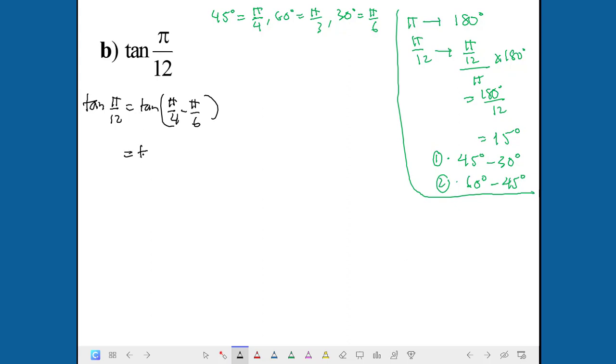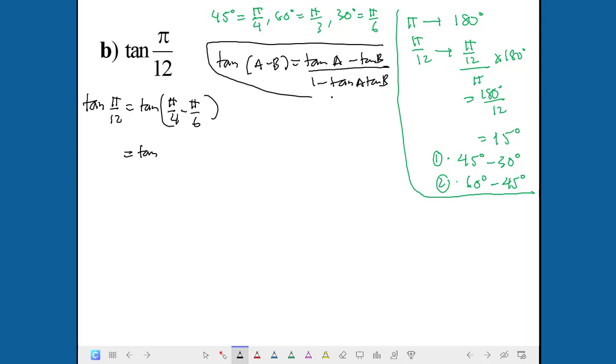So it is tangent of A minus B. Then tangent of A minus B is equal to tangent A minus tangent B over 1 plus tangent A times tangent B. This is the compound formula. Substitute tangent A as pi over 4 and tangent B as pi over 6.